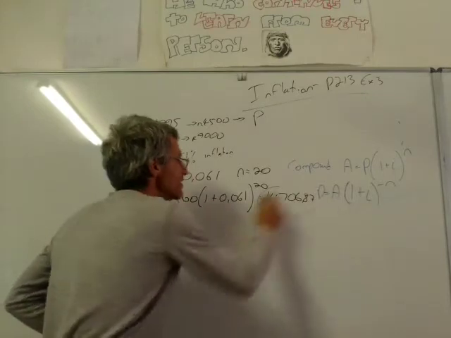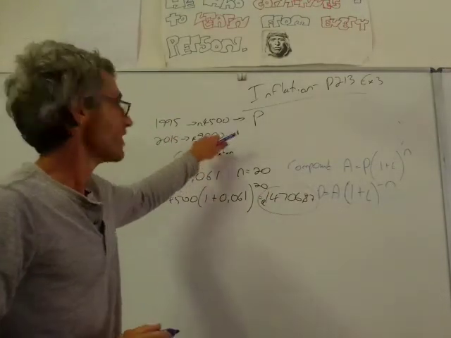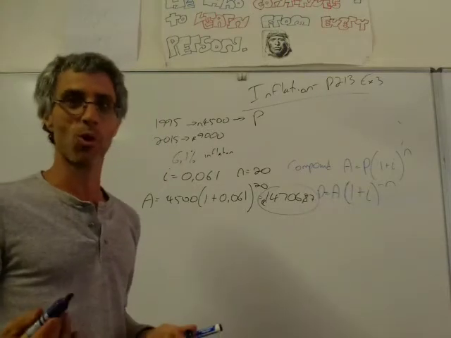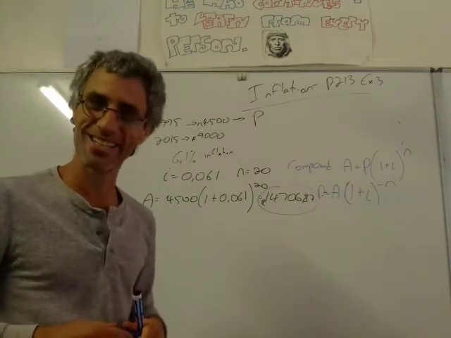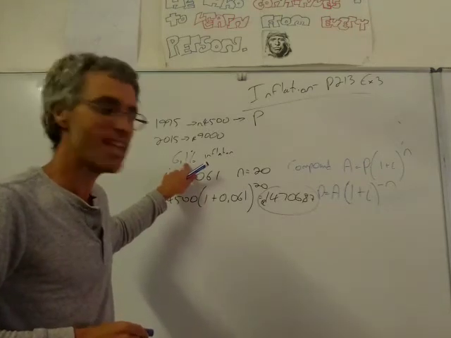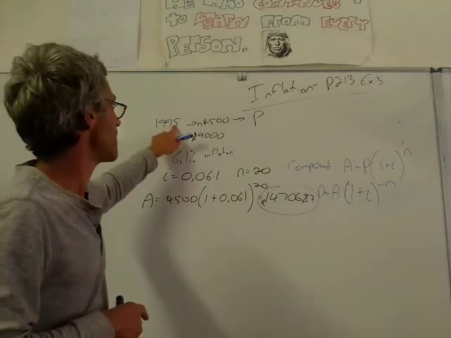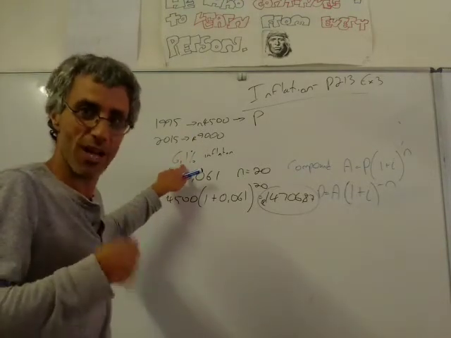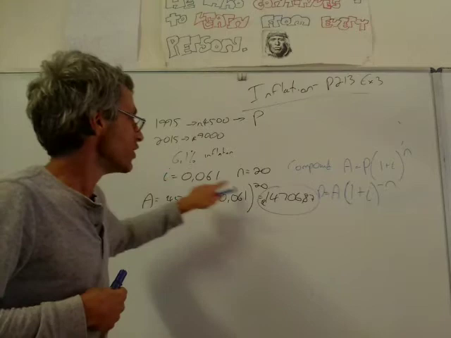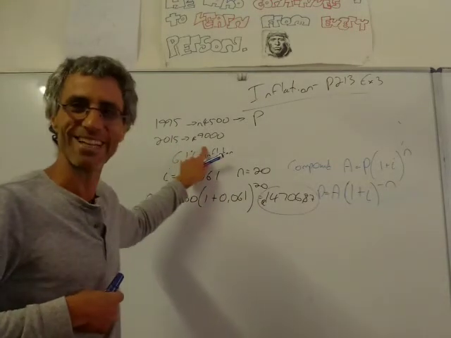In the beginning, when you heard that this worker's wage doubled, you said, oh wow, he's a lucky guy, isn't it? But when you compare that to the rate of inflation, for him to have bought the same amount of goods as in 1995, with annual inflation of 6%, his wage should be 14,000, but his wage is only 9,000.